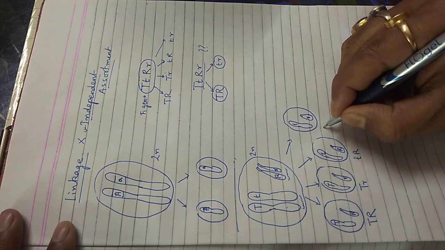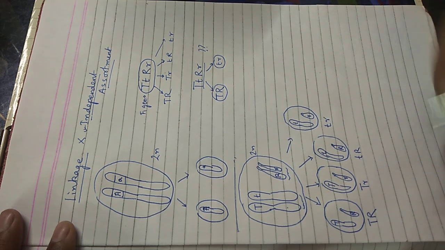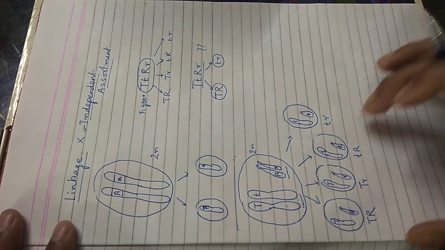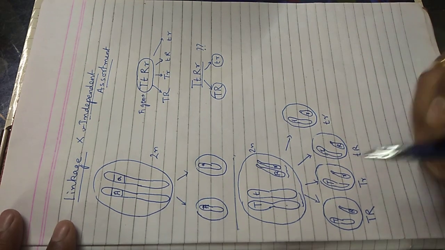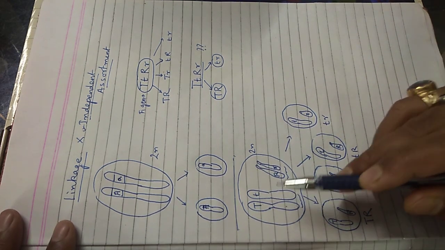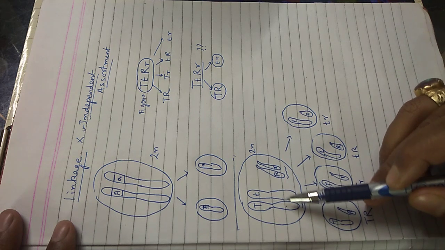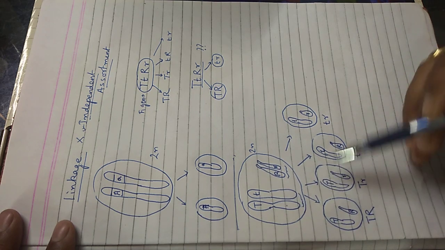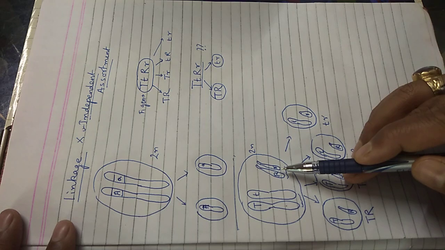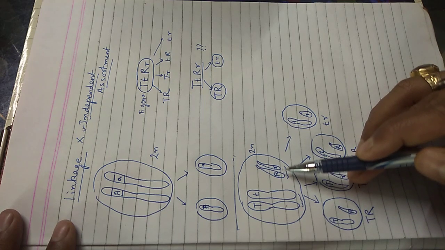So the gamete will have small t and small r. So this is the concept of independent assortment: when the factors for a particular contrasting character are located in separate pairs of chromosomes, they segregate independently of the factors for the other pair of contrasting characters.